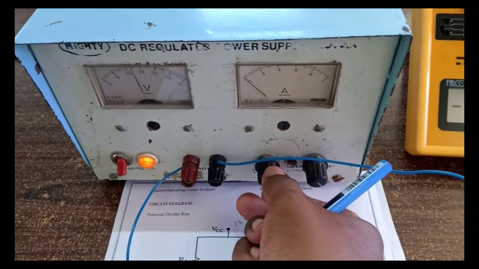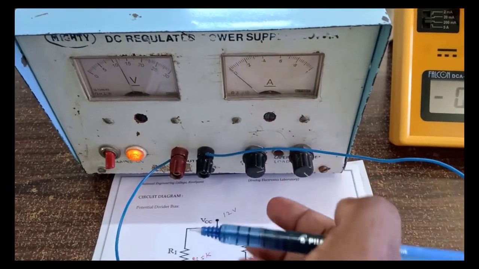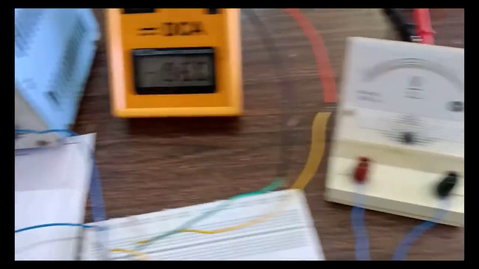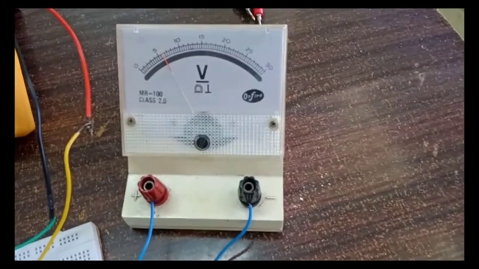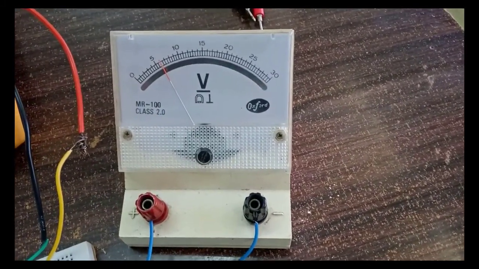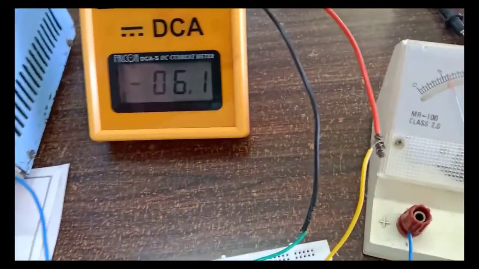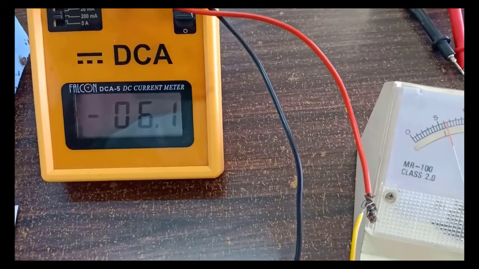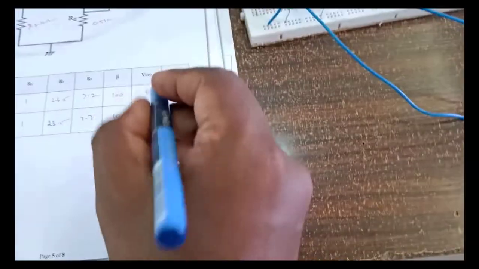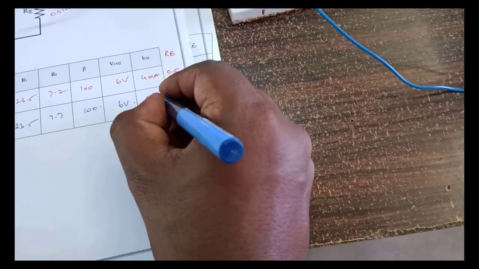For 12 volt, the expected voltage of 6 volt is coming exactly, and our output current requirement is 4 milliamps. For that we have a current value of 6 milliamps.